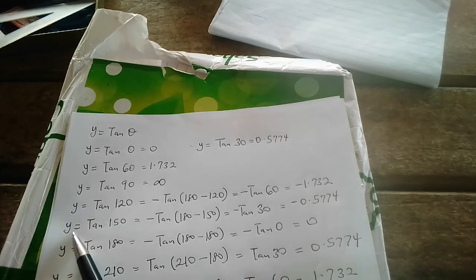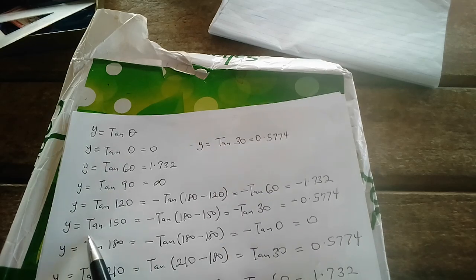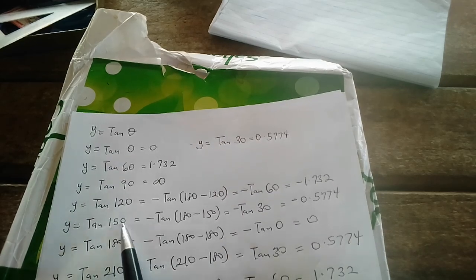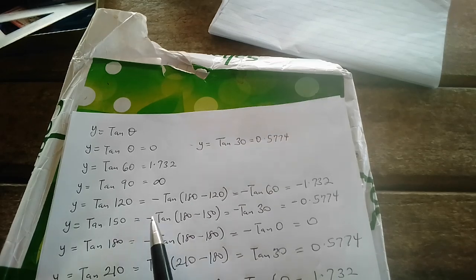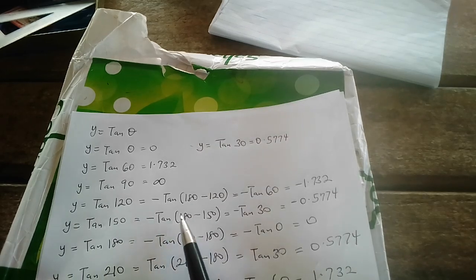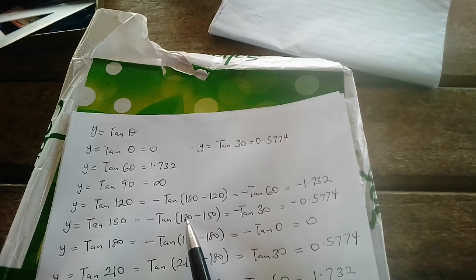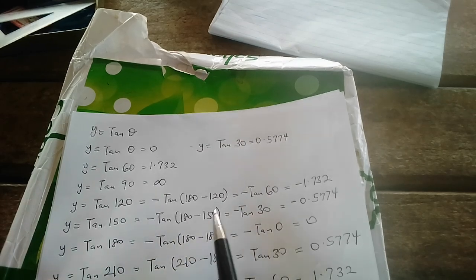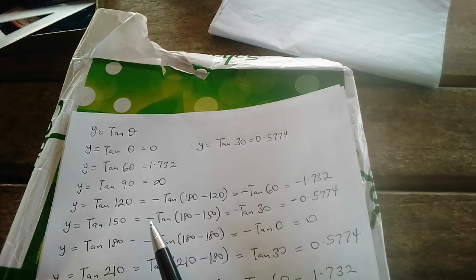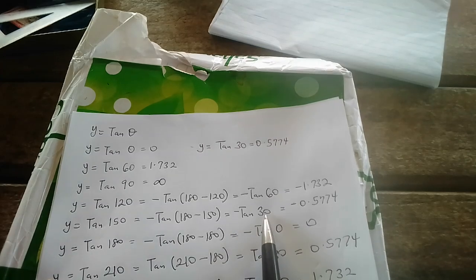Then when theta is 150, tan 150 in the second quadrant is negative. The equivalent of 150 is 180 minus 150. 180 minus 150 is 30. So minus tan 30.